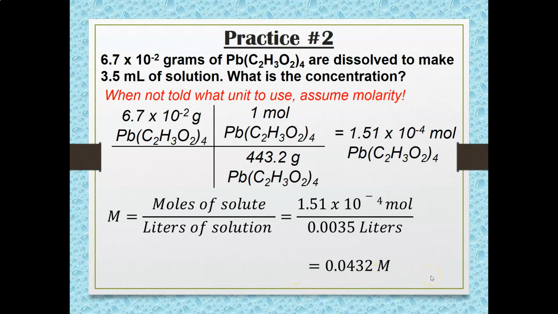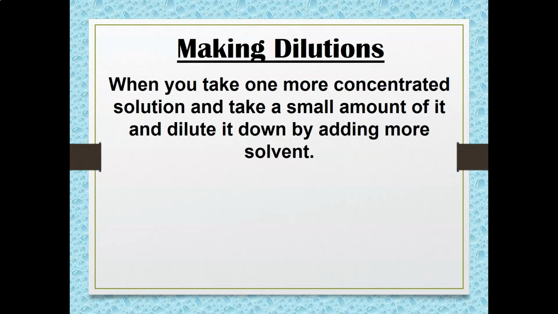All right, the next thing is going to be about making dilutions. If you think about it, it would not be practical to try to store in the chemical stockroom a bottle of every single compound in every single possible concentration. There's zero chance we could have a stockroom that could carry an infinite number of bottles, right?